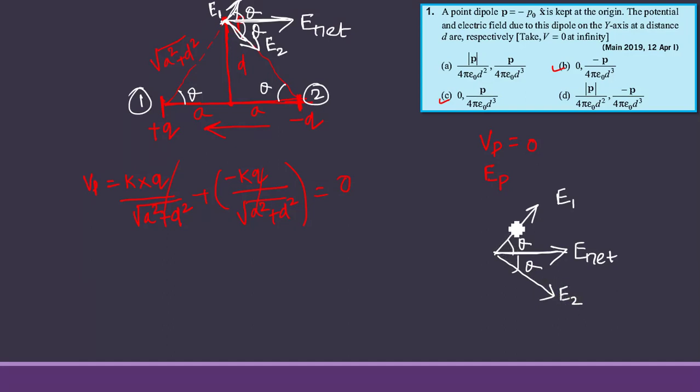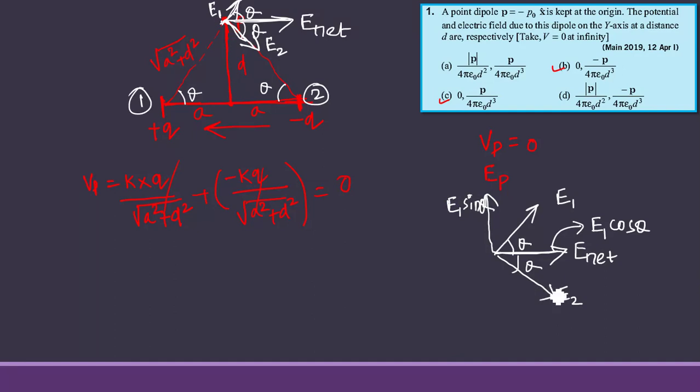If we resolve the components for E1, the horizontal one will be E1 cos theta and the perpendicular component will be E1 sin theta.